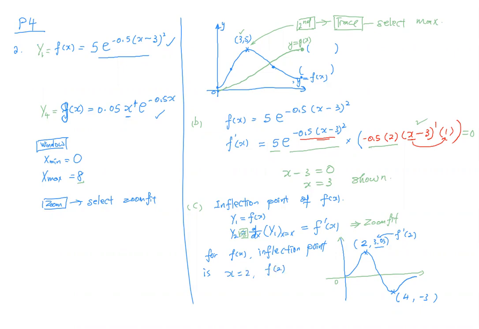So you have to find f2. How to get your f2? You go to your y1. You come out from the graph. Wait, let me check what the question was.